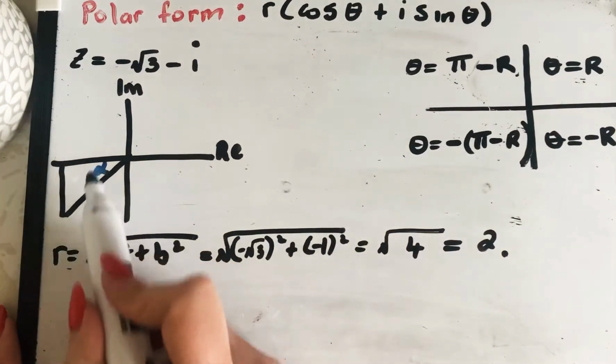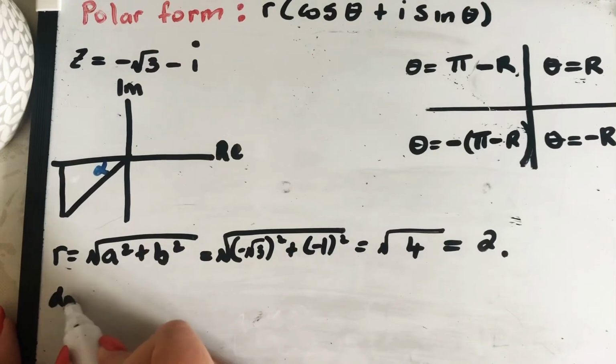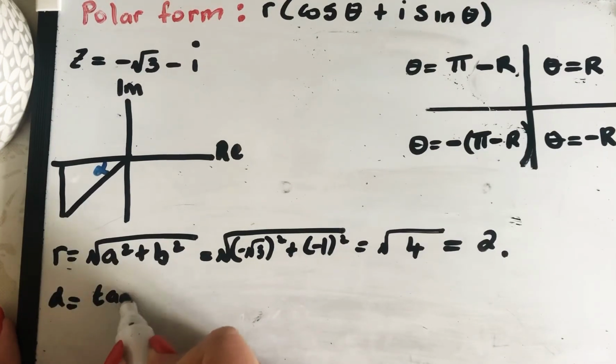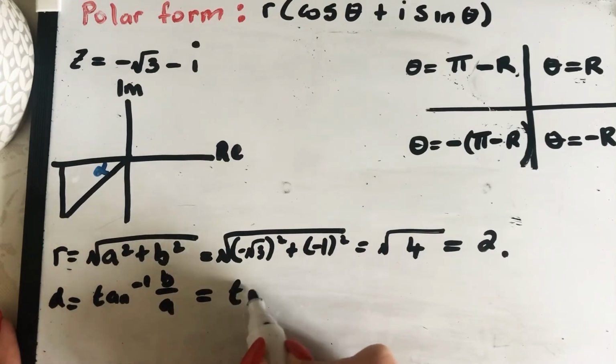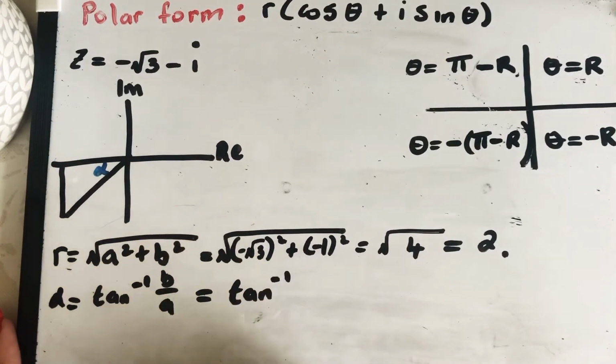Next of all, we're going to find our alpha value. Tan inverse of b over a. So in this question, our b is 1 and our a is √3.